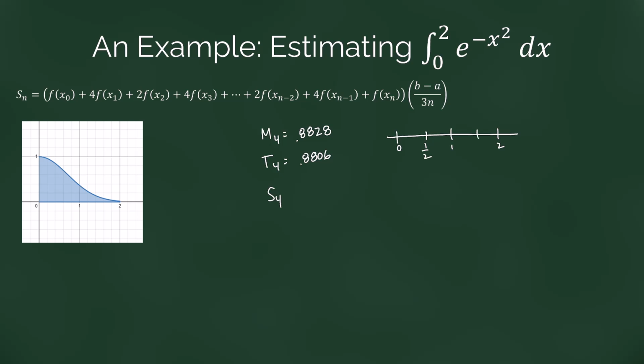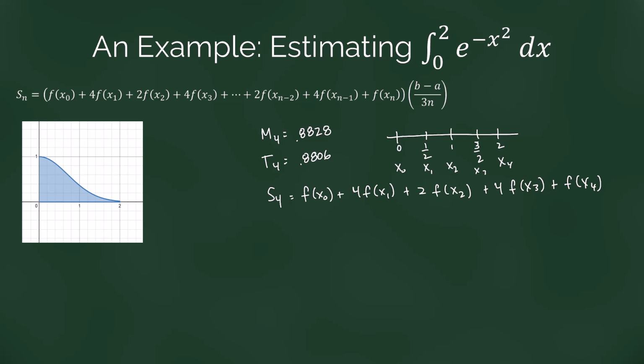And each of these is going to serve as our x sub i's, x0, x1, x2, x3, and x4. Our formula in this case, S sub 4, is going to be f of x0 plus 4 times f of x1 plus 2 times f of x2 plus 4 times f of x3 and then plus f of x4.